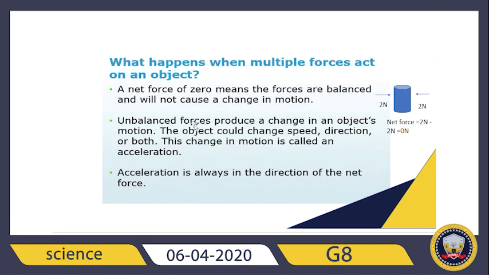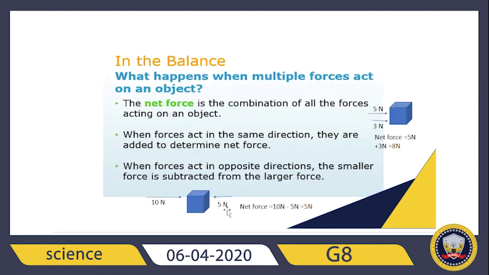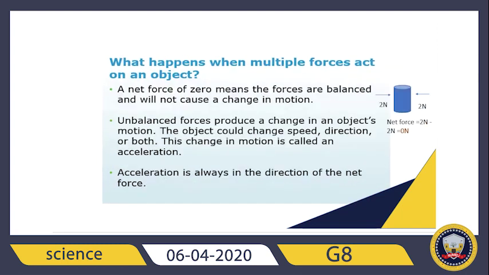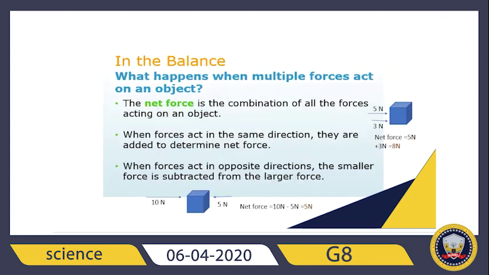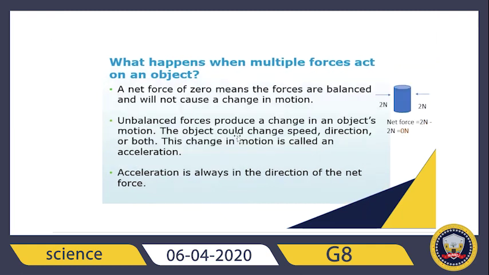Unbalanced forces means that these forces are not equal to each other. So again, unbalanced forces produce a change in an object's motion because the net force will not be equal to 0, as we saw here. The object could change speed, direction, or both.